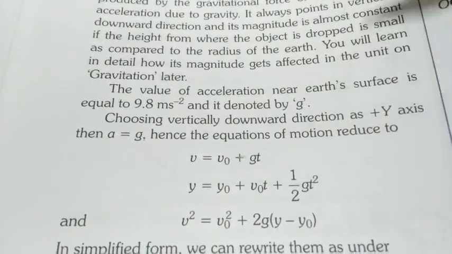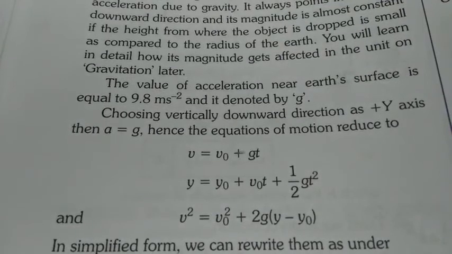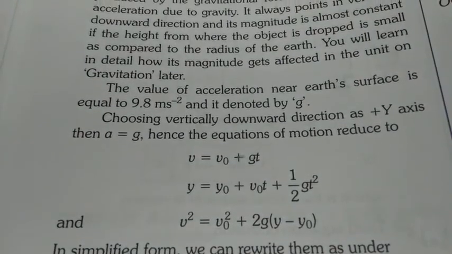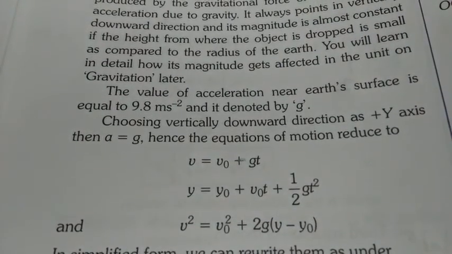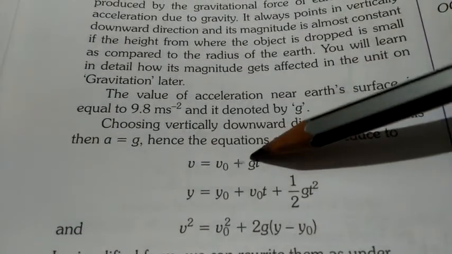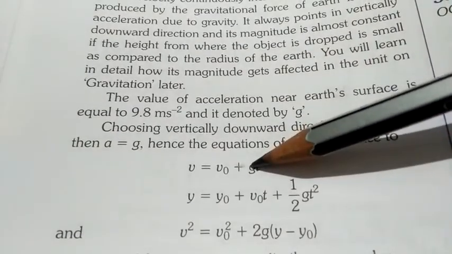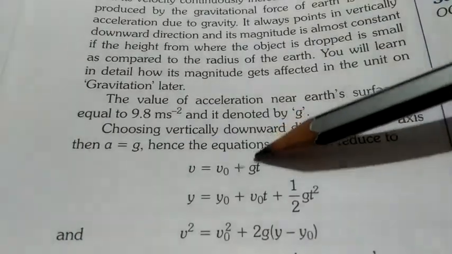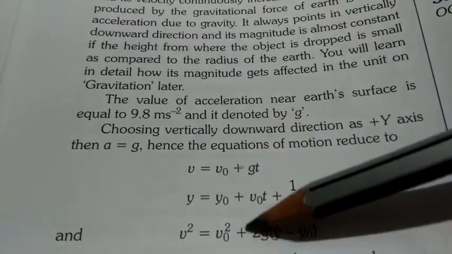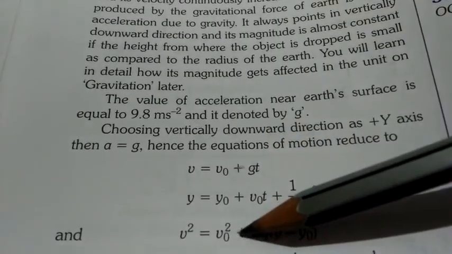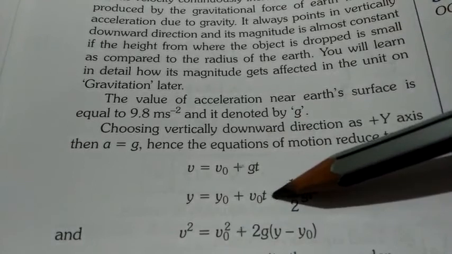Okay, when the ball is falling freely under gravitational force and coming down, at that time g will be positive, and when the ball is going up, at that time g will be negative. So wherever g is there, we will simply put a negative sign.